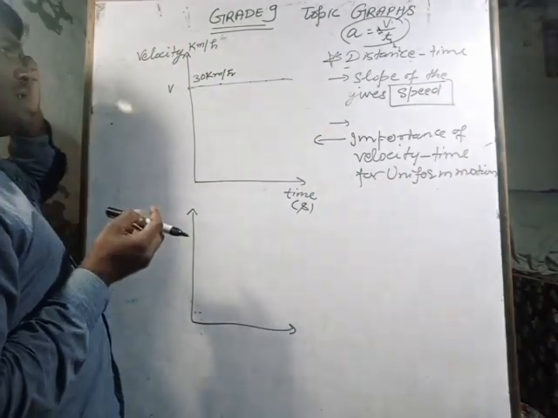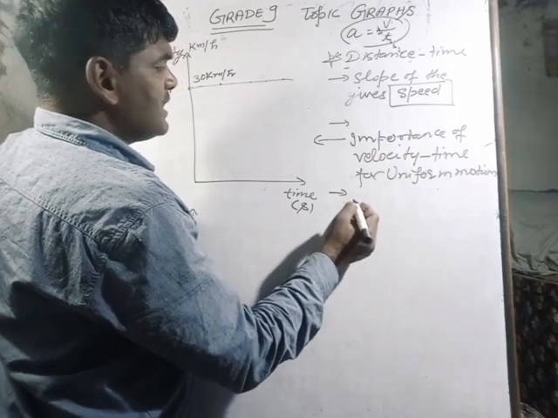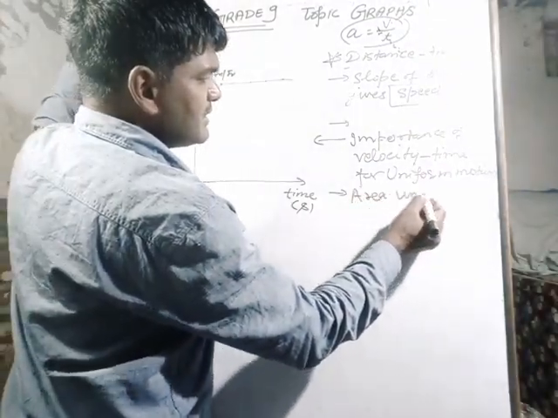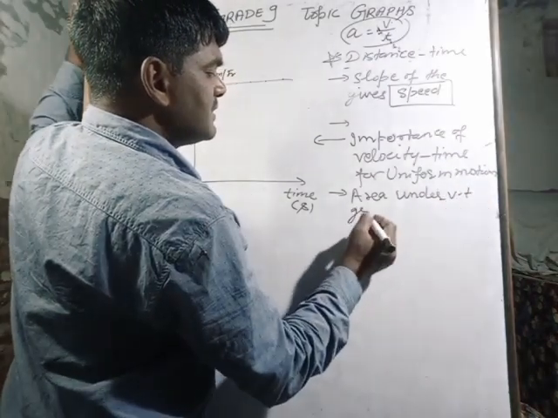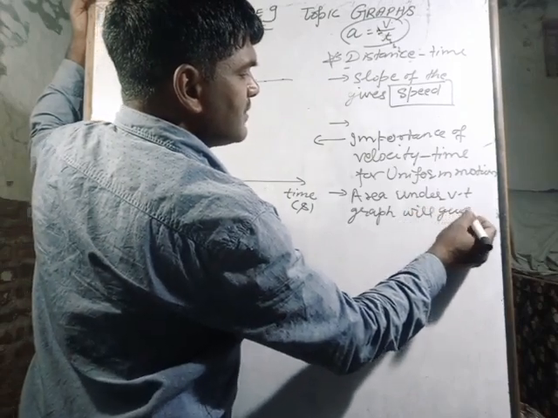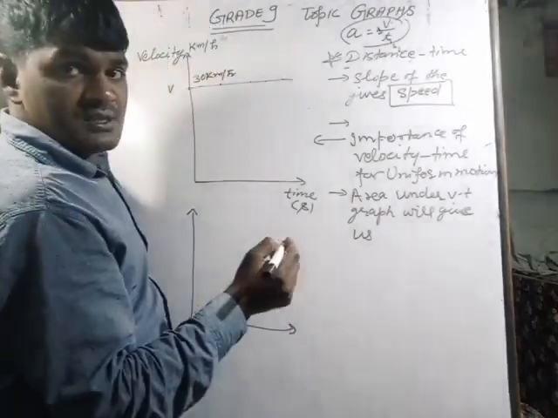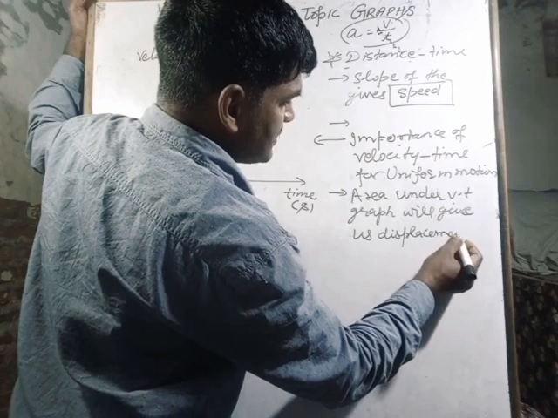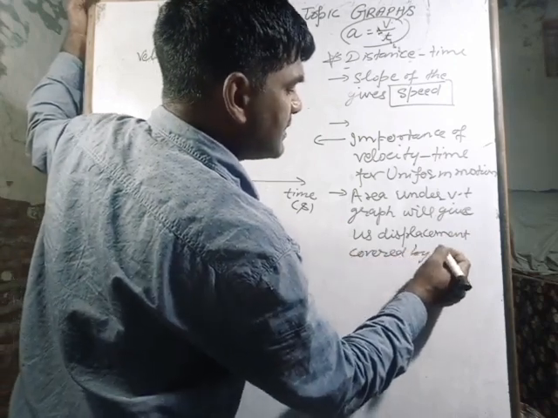The importance is such that the area under the velocity time graph will give us the displacement covered by the object.